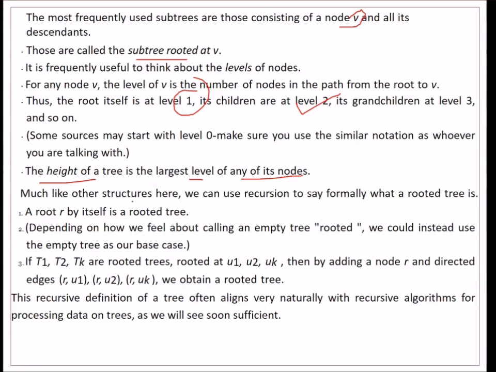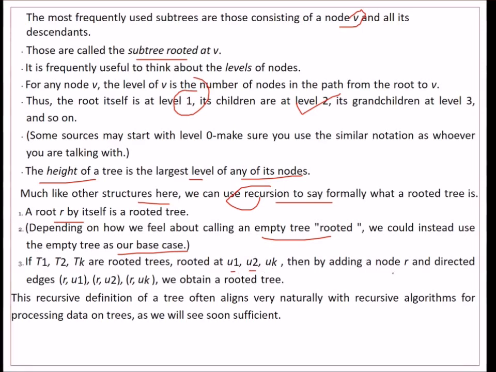And like other structures, we can use recursion to say formally what a rooted tree is. For example, a root R by itself is a rooted tree, and depending upon how we think about calling an empty tree rooted, we could instead use the empty tree as our base case. Then we have T1, T2 up to Tk, which are rooted trees rooted at U1, U2 and Uk.